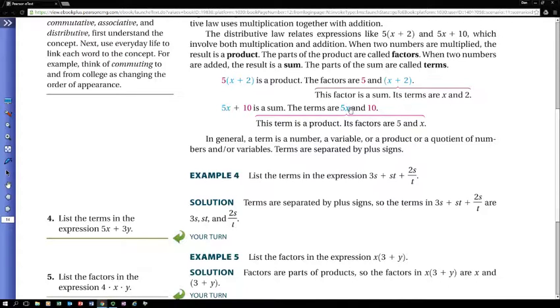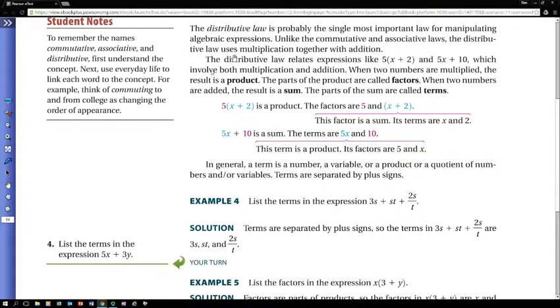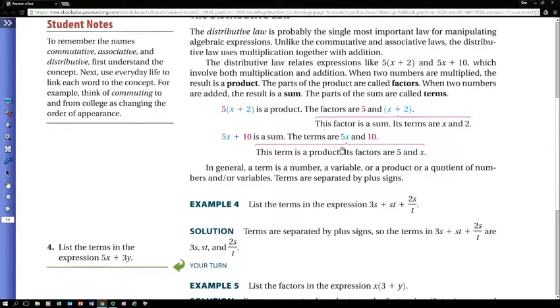One of the terms here, this 5x, is really a product. It's a multiplication, and the factors of that are 5 and x. So nothing really new except for properties or laws, but we're setting up the terminology that's going to be important to explain the distributive law.